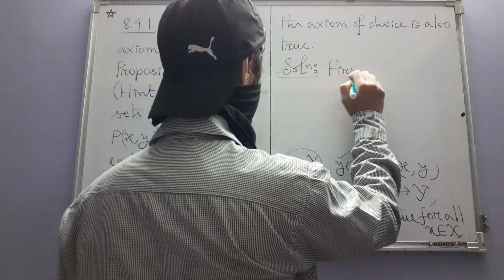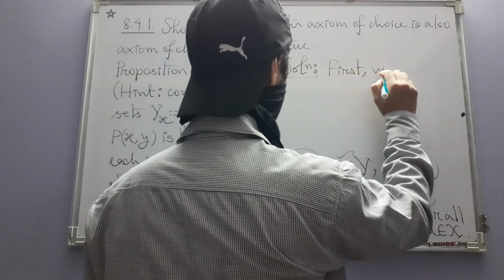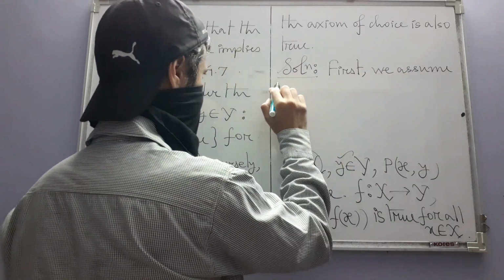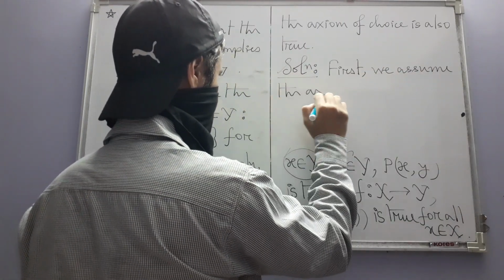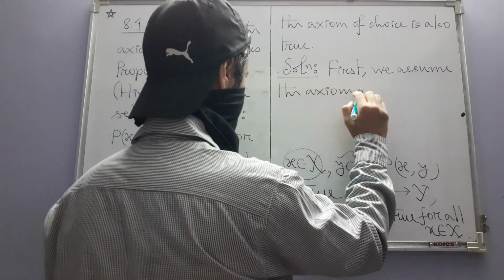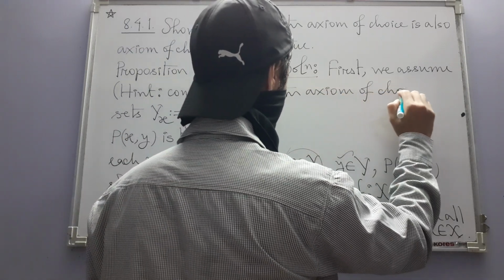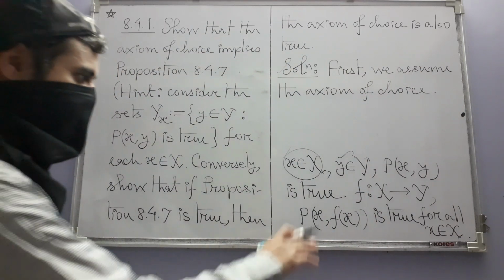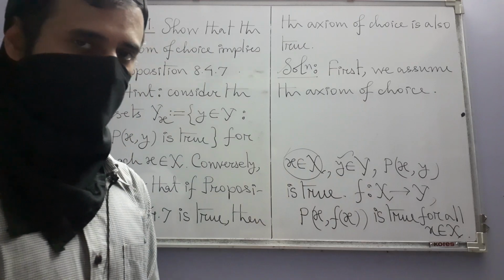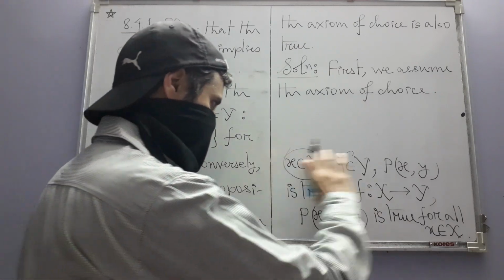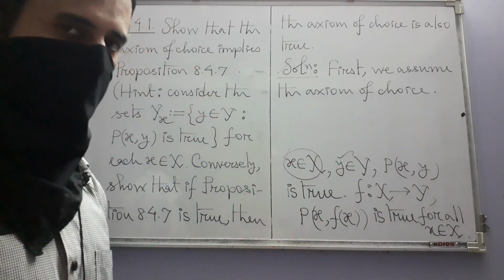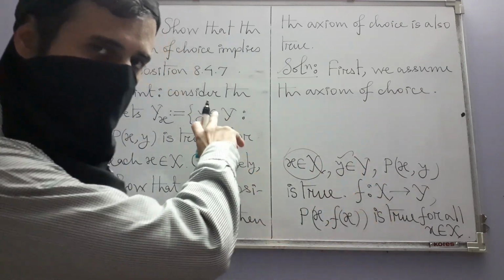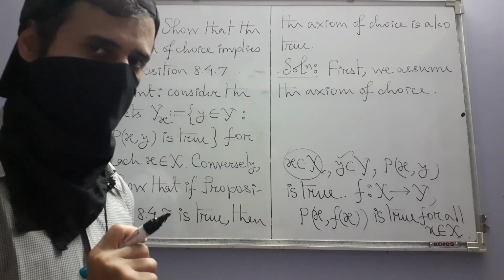First, we assume the axiom of choice. Okay, and now we have to prove the existence of this function f, and this hypothesis also we are now going to assume, because once these are given, then only this proposition is asserting that such a function exists.